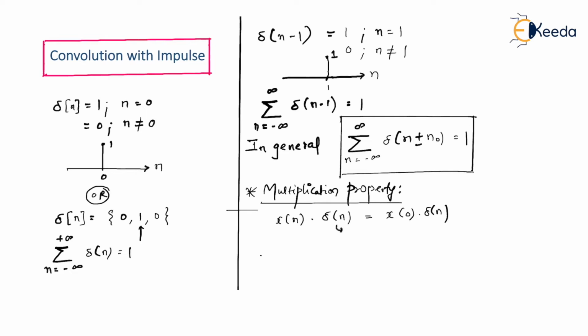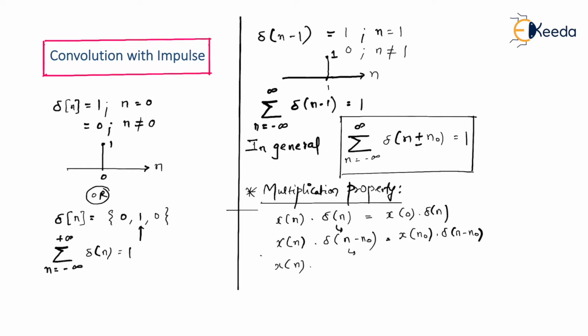If such signal gets multiplied with x of n, then definitely x of n gets sampled at n equal to 0. Similarly, if x of n gets multiplied with del of n minus n naught, then we know that this impulse signal is present at n equal to n naught. So I can say that it is x of n naught dot del of n minus n naught.